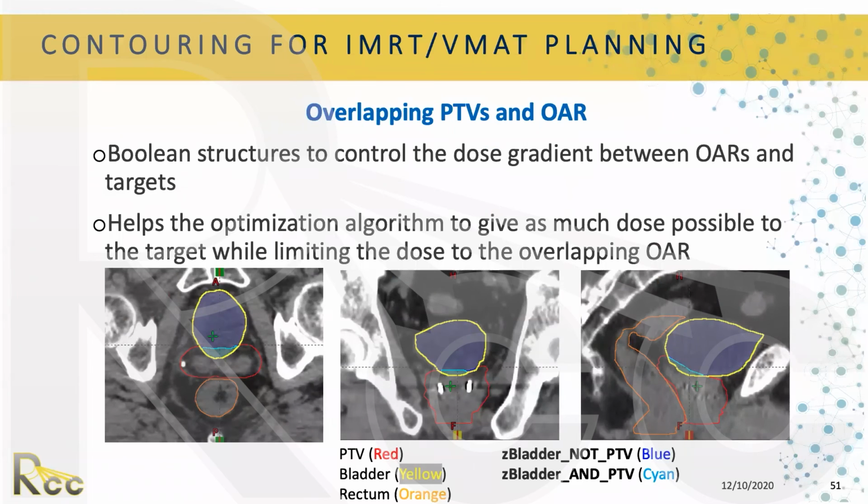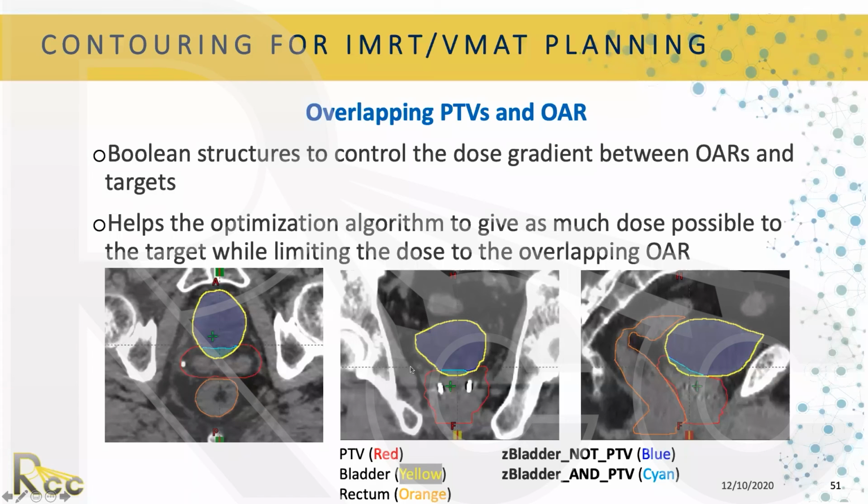So basically, the last thing: the structures, again, these are also optional structures that you can create when a structure is overlapping with a PTV. Remember that I explained with the parotid, the case where we create those VMAT shells, VMAT ORs. That's a good technique, but sometimes, for example in this prostate case, you know that most of the time the bladder is overlapping with the PTV.